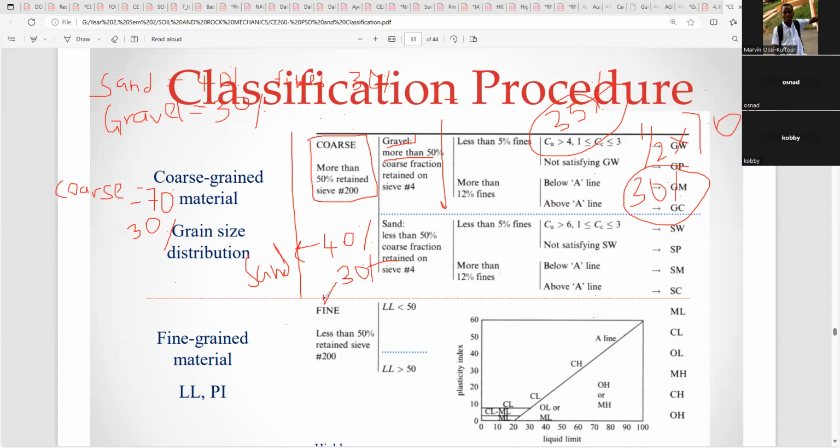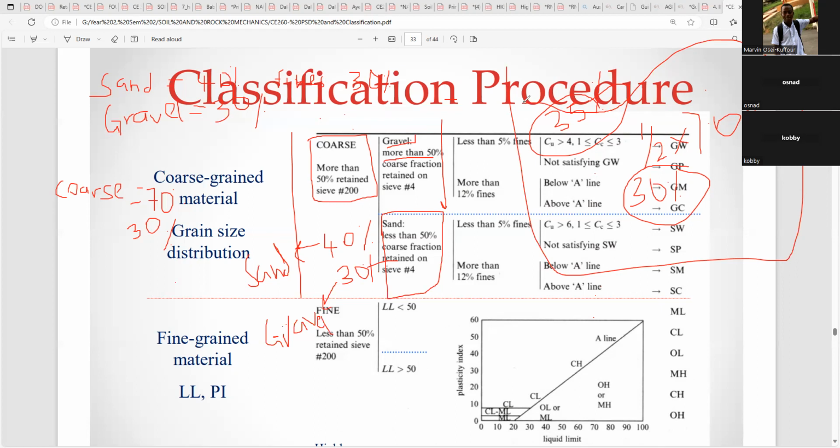This is for gravel. No matter how you go about it, you end up getting the same answer. So straight away, the one with the highest percentage, you just choose that one, and that is sand. You don't have to do this whole lot of calculation before you even miss a step.